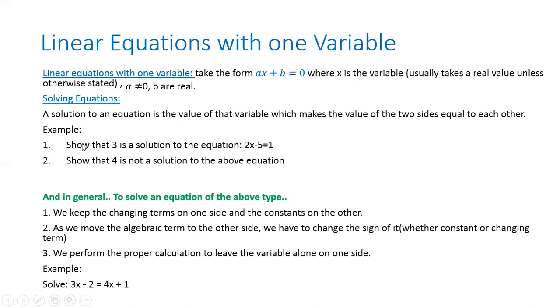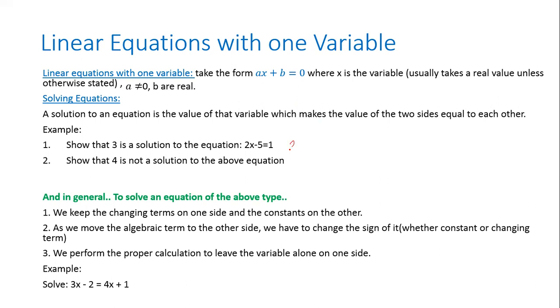Let's take an example. Show that 3 is a solution to the equation 2x minus 5 equals 1. In this case, we need to replace x by the value 3 in the equation and see what we get.